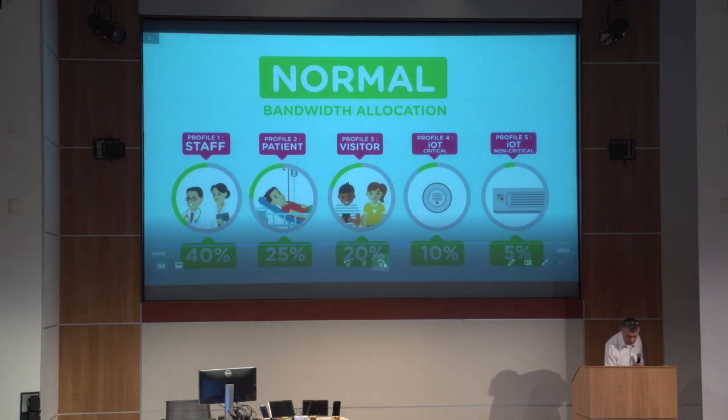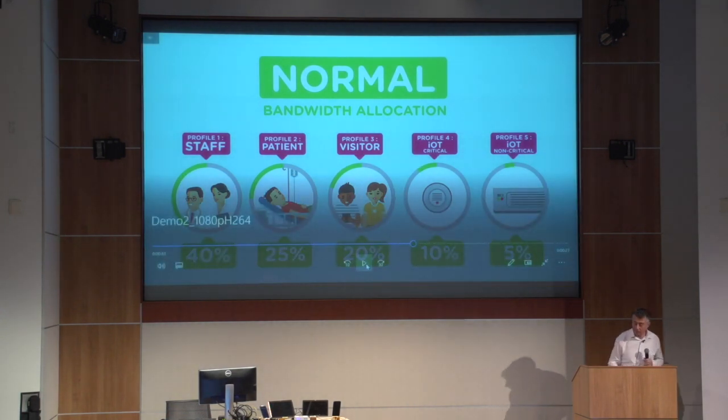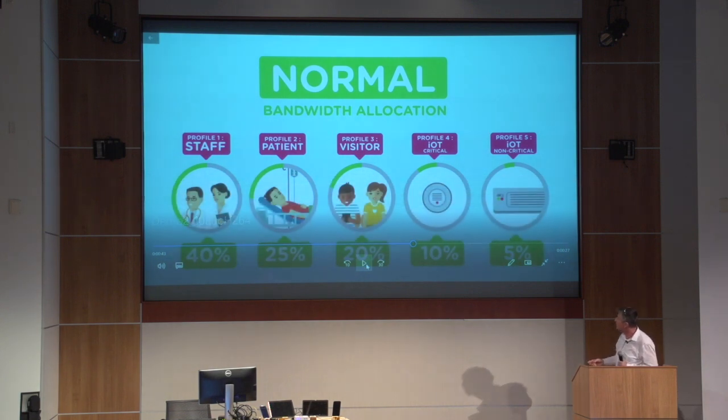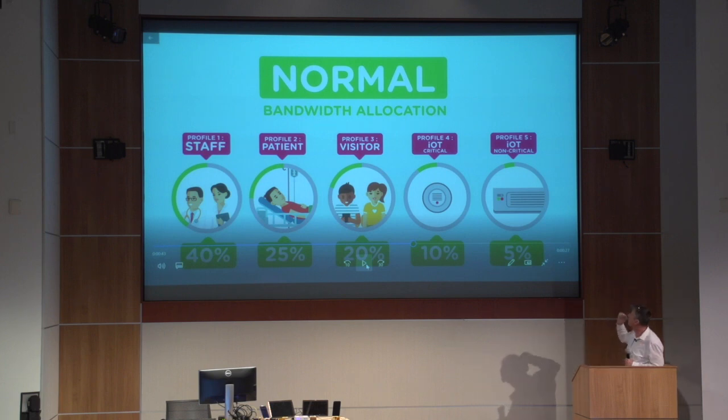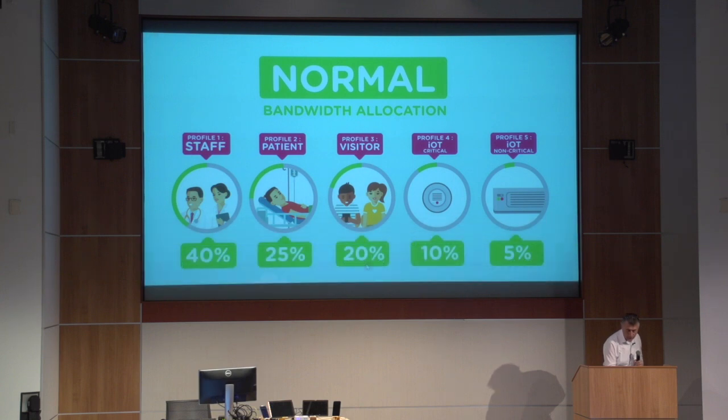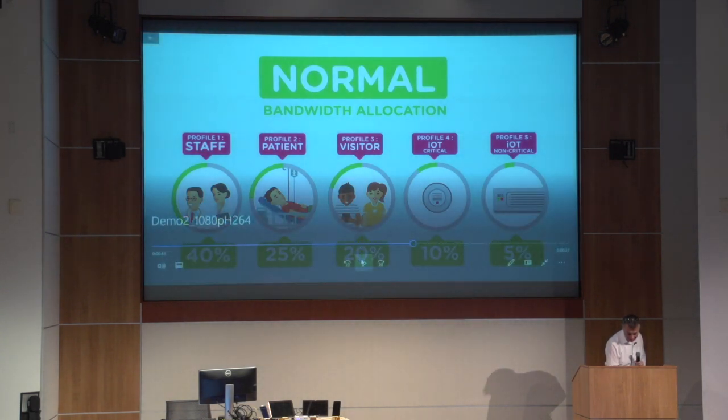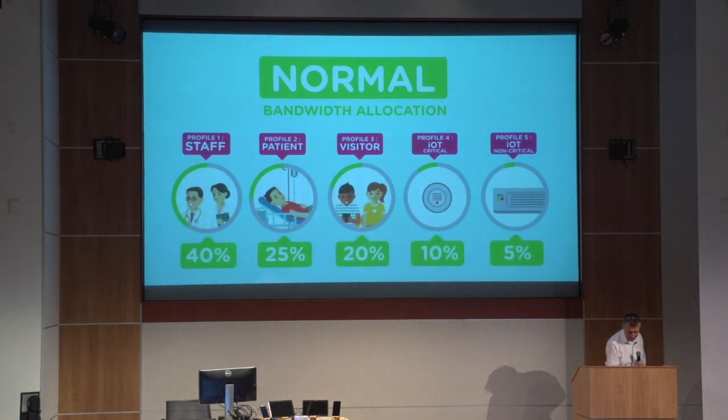So as you can see, we have different capacities. You cannot see well, but anyway, we are allocating different capacities for different types of users. For example, 40% of the capacity goes to the staff, and only 5% is allocated for the non-critical. Okay, I'm almost done. So let me speed up.